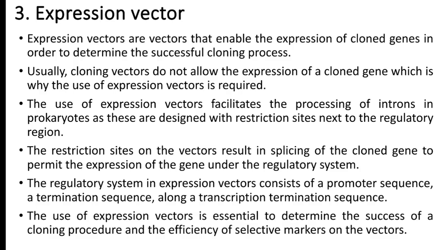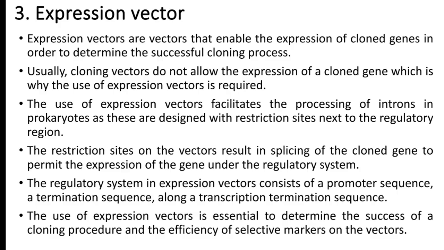So it should contain elements like promoters and terminators to control the gene expression, often include antibiotic resistance genes for selection, then affinity tags for protein purification. So these are essential tools in molecular biology for producing large amounts of specific protein inside various host organisms like bacteria, yeast, mammalian cells.